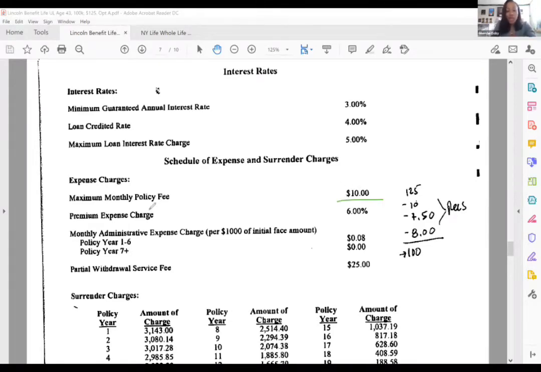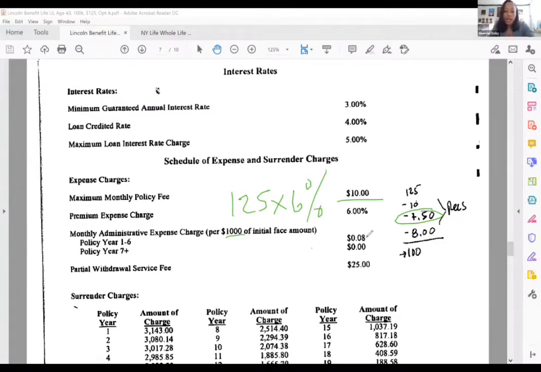Premium expense charge, 6%. So what is that 6% of? What they're paying monthly. So someone would do 125 times 6%, and that's where we got, I believe, the $7.50 here, right? So that is the premium expense charge. So that's also coming out. Then here, the monthly administrative expense charge per thousand of face amount.